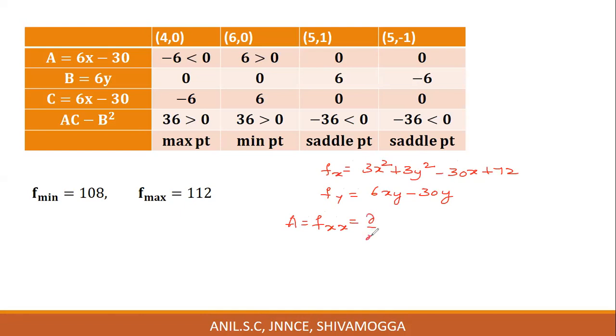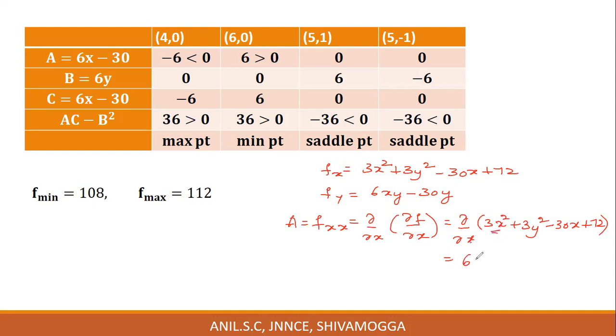Fxx means del by del x of del f by del x. Del f by del x is this function: 3x square plus 3y square minus 30x plus 72. Differentiate partially with respect to x.